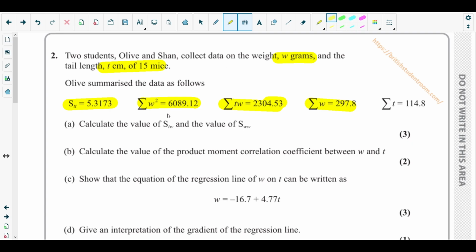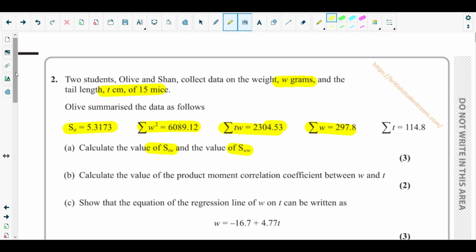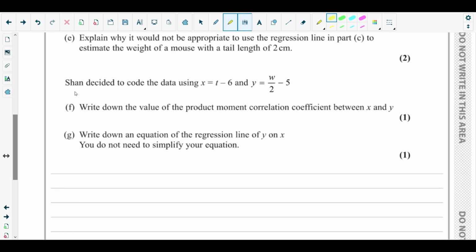Part A asks us to calculate the values of S of TW and S of WW. So we need to find the values of these summary statistics.